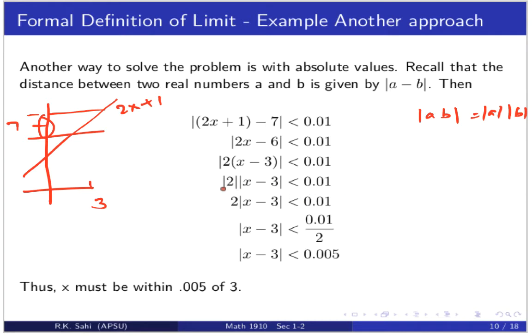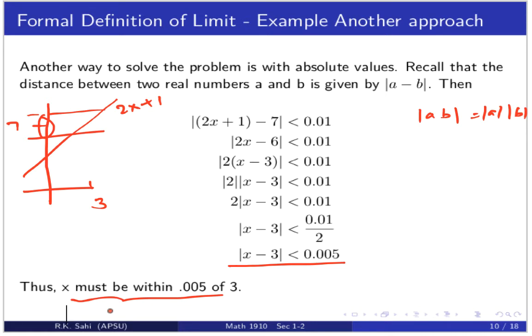Now, the absolute value of 2, remember, is 2, and then you solve, and what you're getting is |x − 3| < 0.01/2, or |x − 3| < 0.005. That means x must be within 0.005 of 3. So those are two different ways of applying the formal definition.